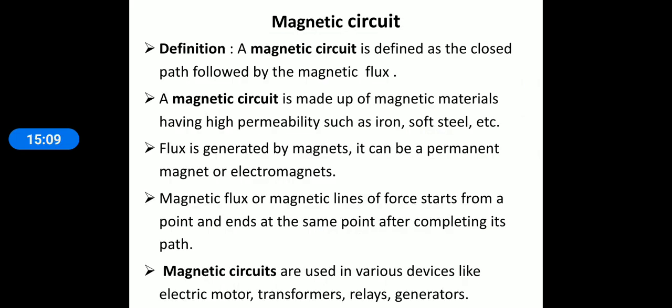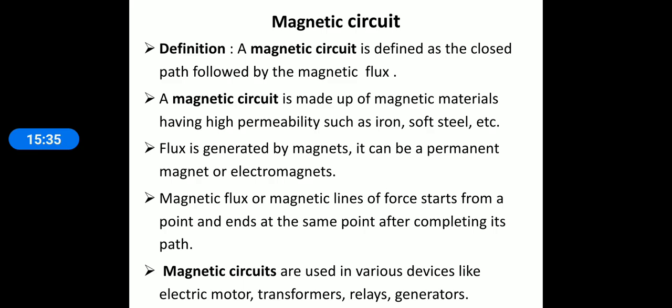The magnetic circuit is defined as the closed path followed by the magnetic flux. In an electrical circuit there is the electrical current; in a magnetic circuit there is the magnetic flux. The magnetic circuit is made of magnetic material having high permeability, such as iron, soft steel, and so on.